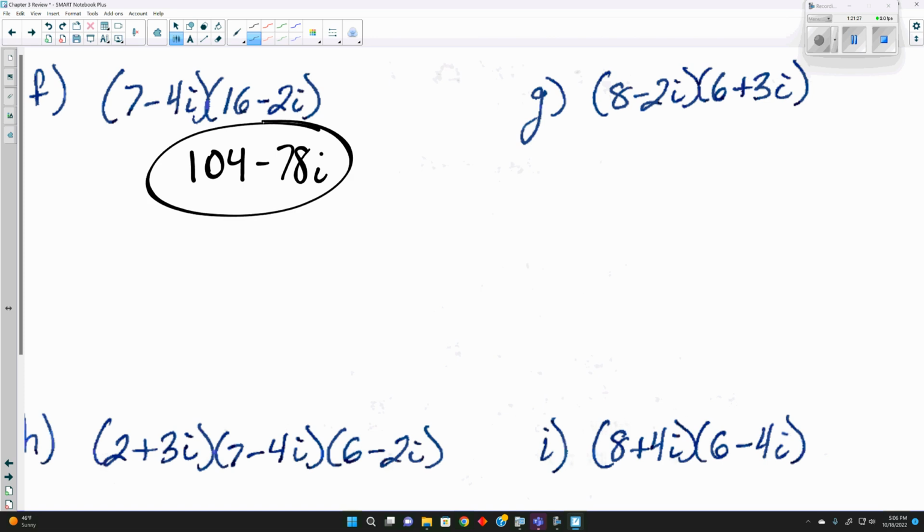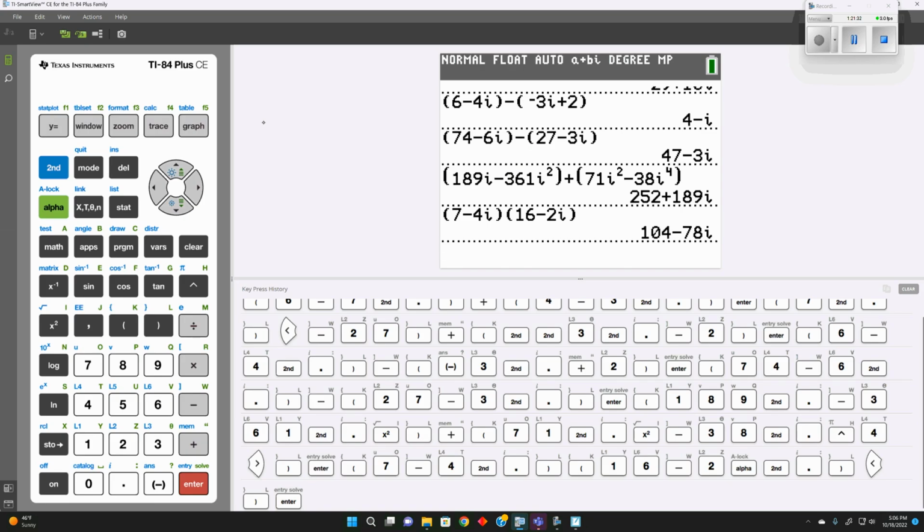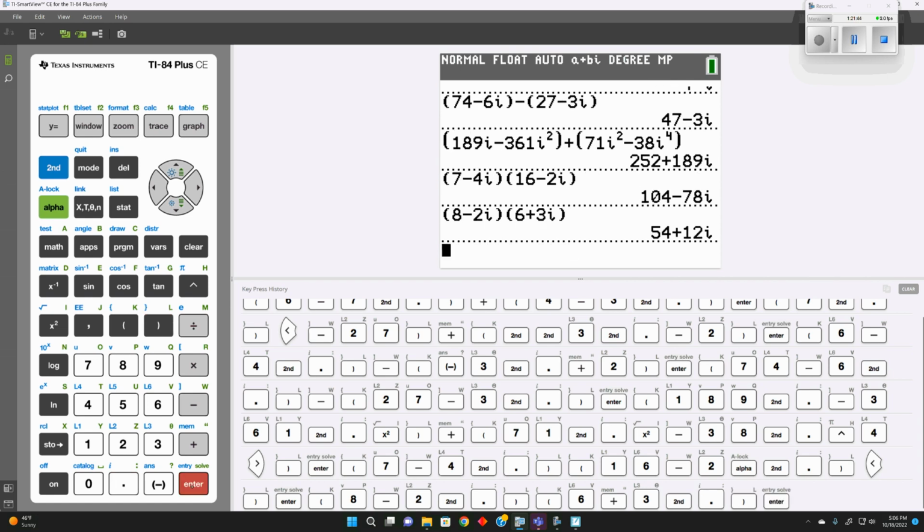And that's our final answer. We can do the same thing with G. We can say (8 minus 2i)(6 plus 3i), enter. It'll give us the answer, 54 plus 12I.